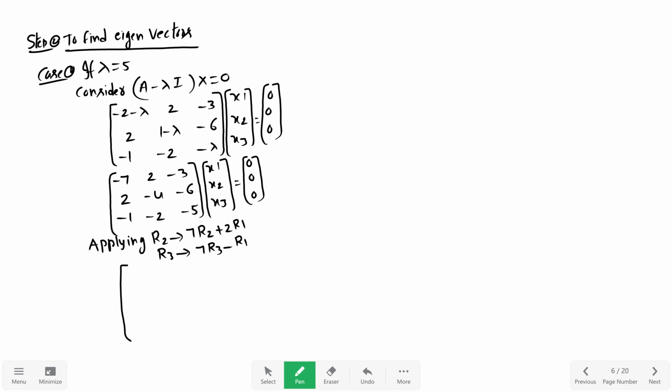So this matrix's first row stays minus 7, 2, minus 3. For R2: 7 into 2 is 14, plus 2 into minus 7, 14 minus 14 is 0. Next, 7 times minus 4 is minus 28, plus 2 into R1, minus 28 plus 4 is minus 24.